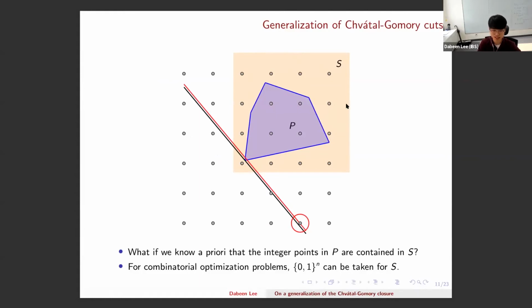In this case, you should look at blocking points inside this S, and then you can try to move your hyperplane a little bit further. So you stop right here, and potentially you can remove more region of this polyhedron P.